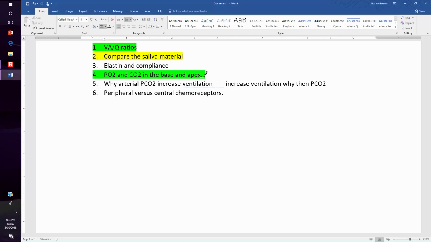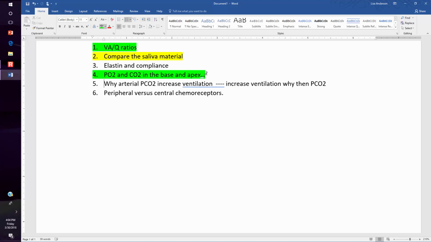And what the heck is a shunt? A shunt is blood with no ventilation. And shunt blood looks like venous blood, because the blood doesn't have access to the air in the lungs. So it's got a venous PO2 of 40 and a venous PCO2 of 47.